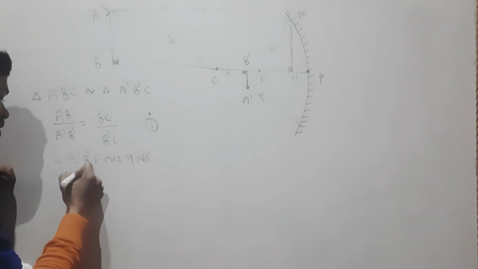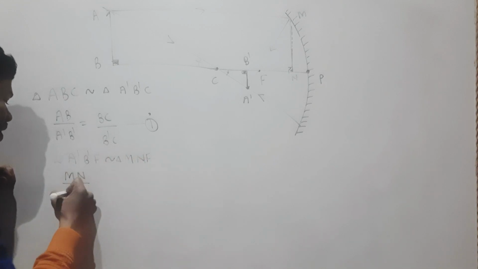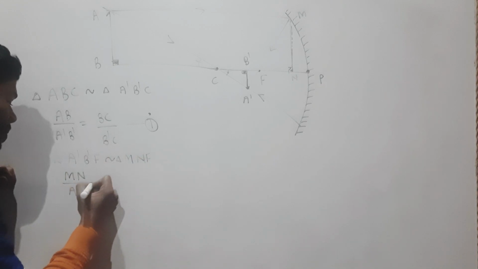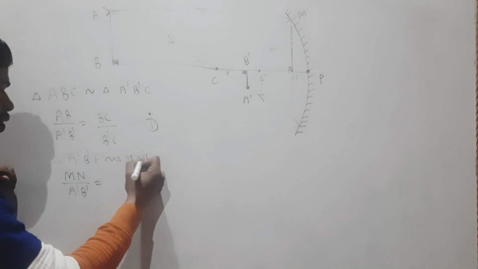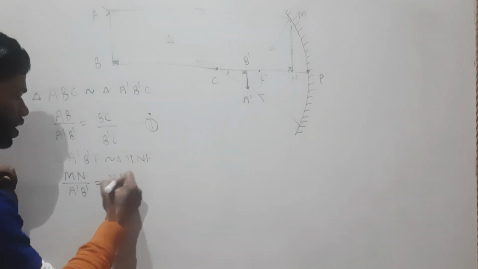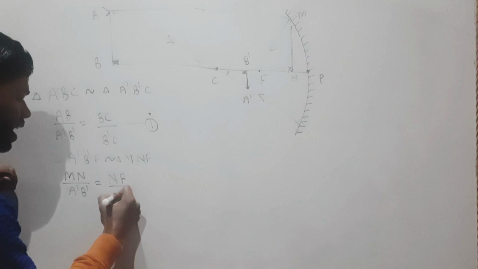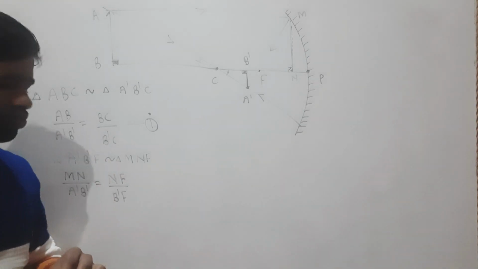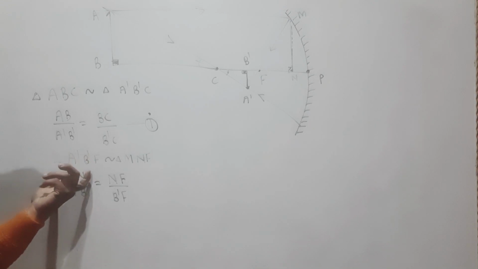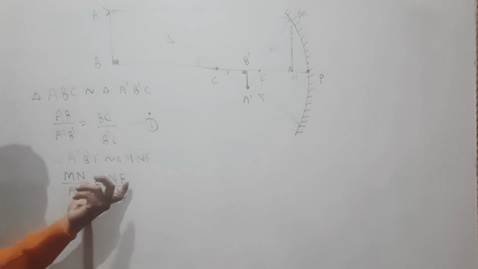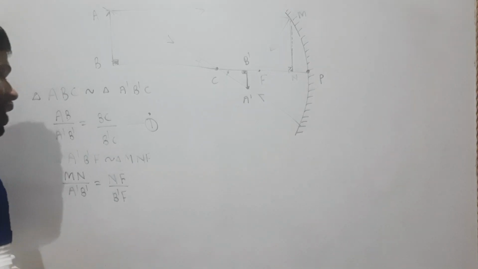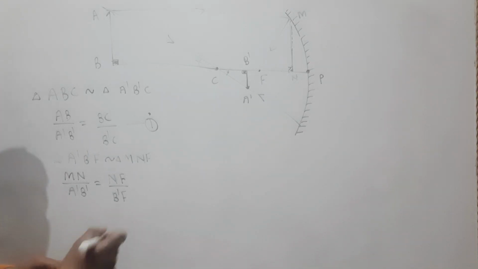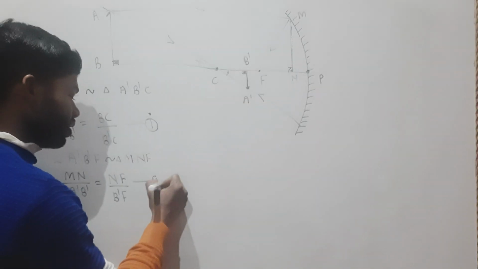First we write MN divided by A dash B dash, which equals NF divided by B dash F, and there is no need for the third side, so leave it. This is your equation second.